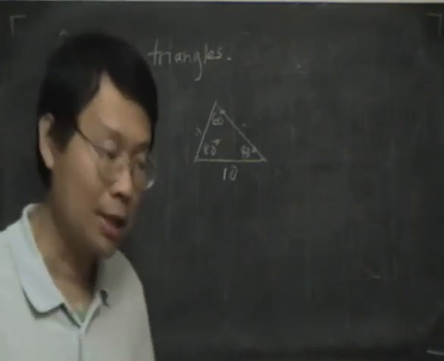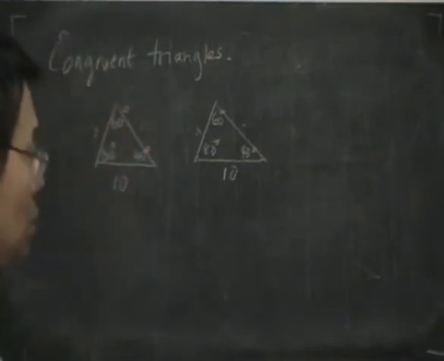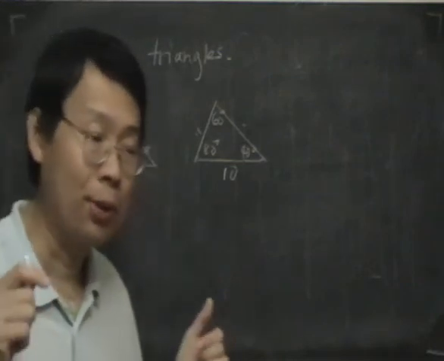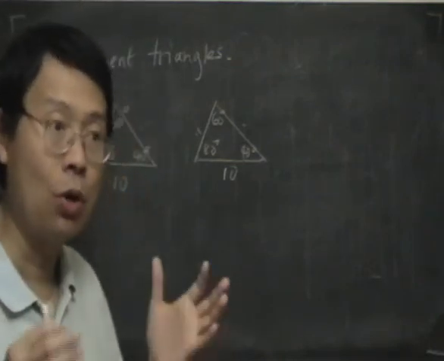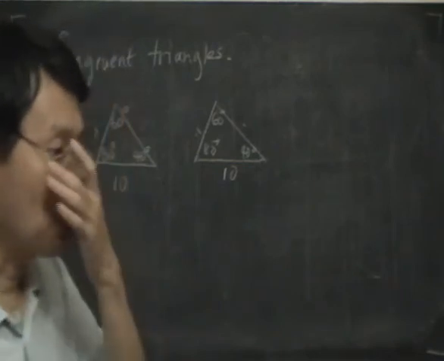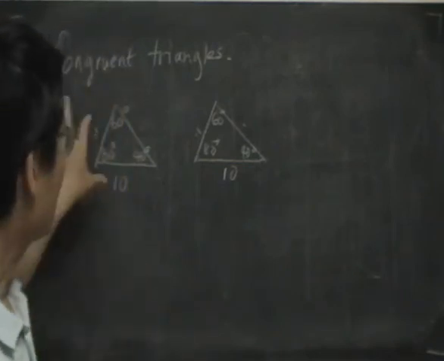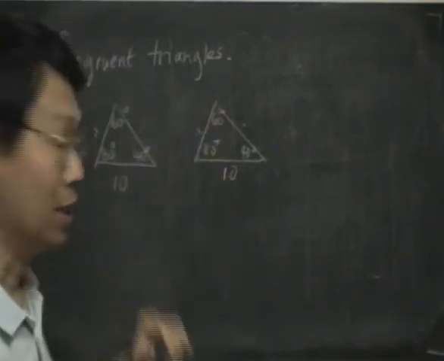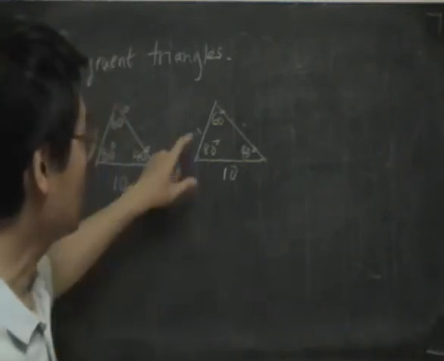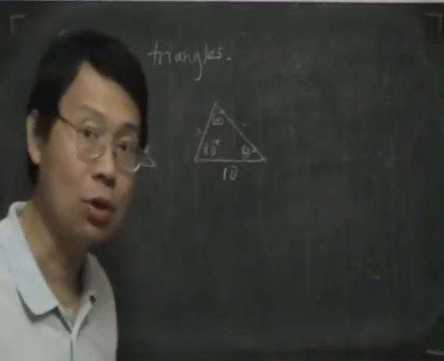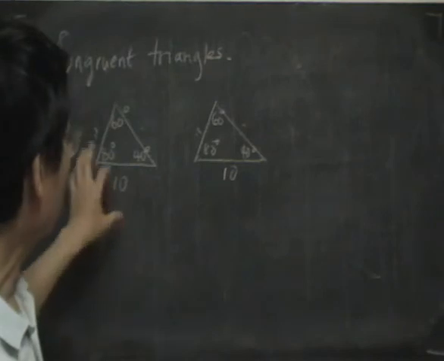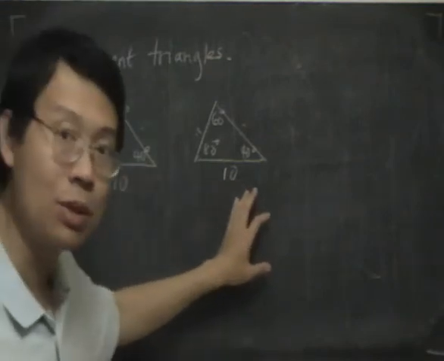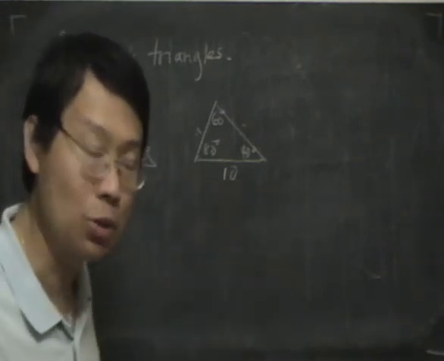The problem comes in situations where you don't have all the information. Quite often you have cases where you don't know all the angles, maybe you just know one or two angles or even none, or you don't know all the sides, you might know one or two sides only.